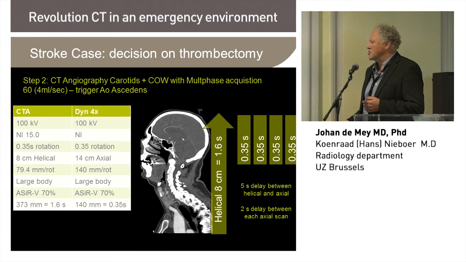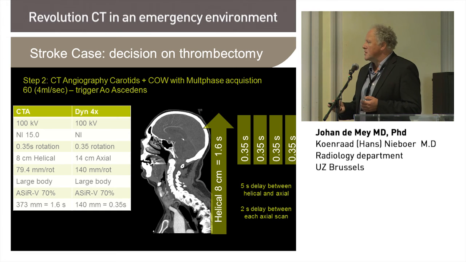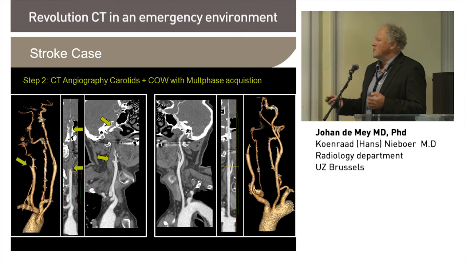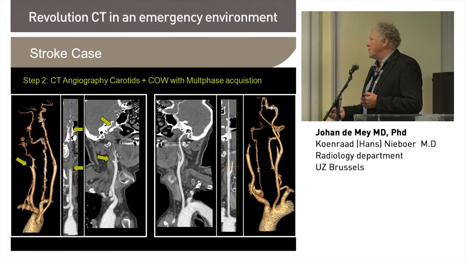You get all the morphology, which you get quite fast. And on those 4 scans, with a 2-second delay between each axial scan, and 5 seconds between the helical and the start of those axial scans, you get a brain image and you get information. This is the morphological scan, the helical scan, where you see the occlusion of the internal carotid artery, and you see what's happening.